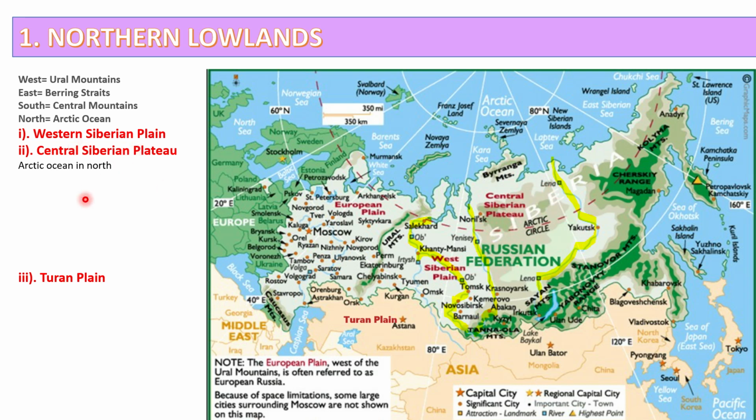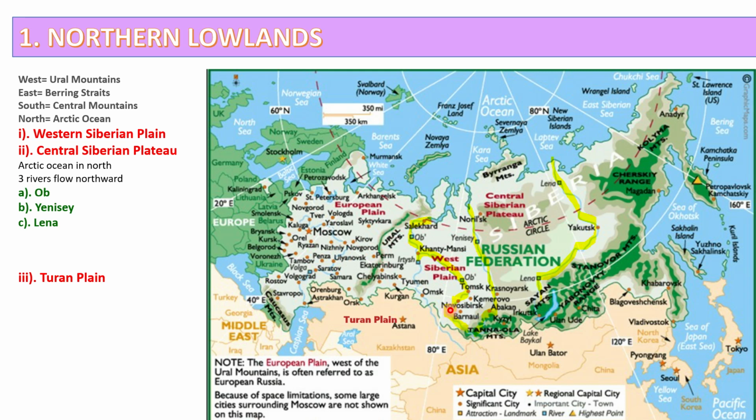This Great Siberian Plain, both the Central Siberian Plateau and West Siberian Plain, form the Great Siberian Plains, and include three rivers. Number one is the Ob River.